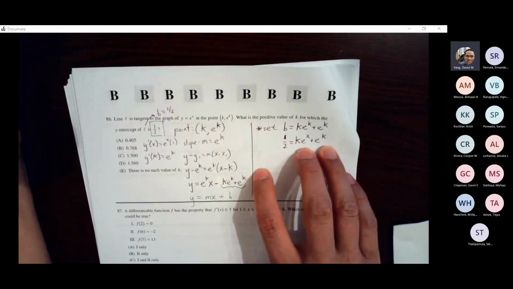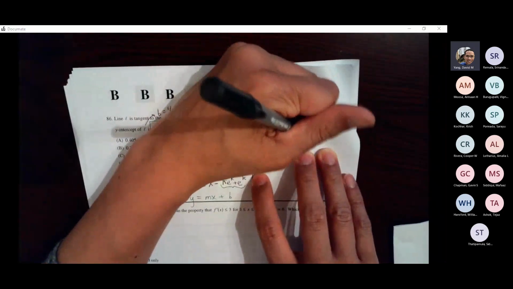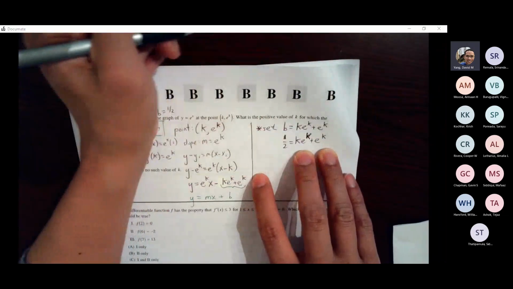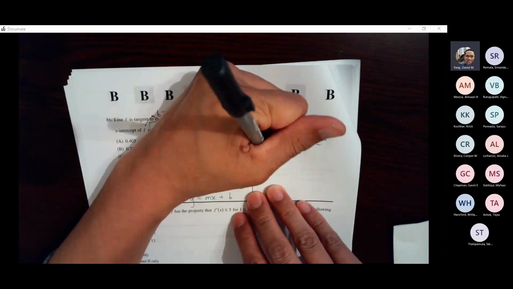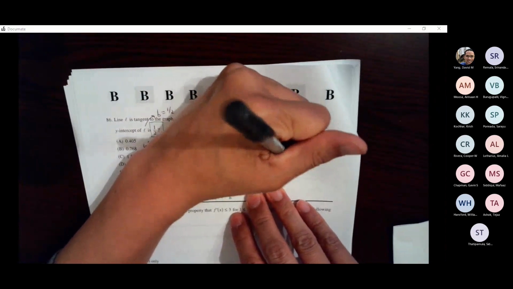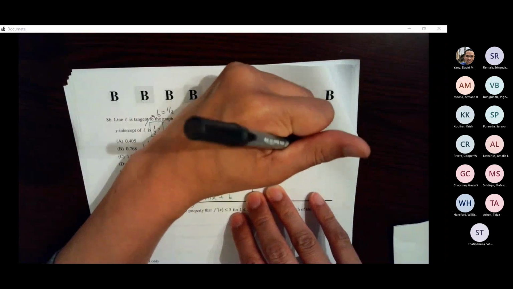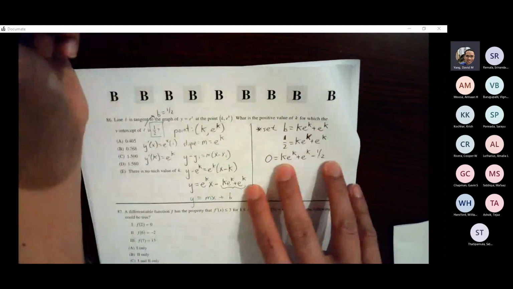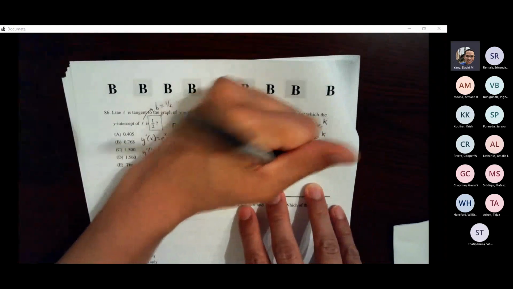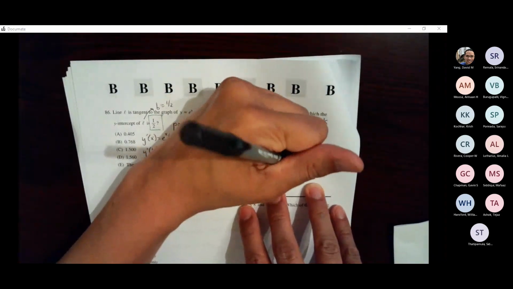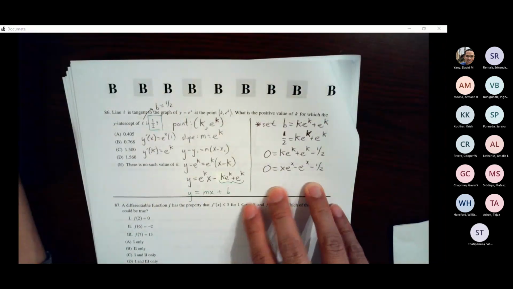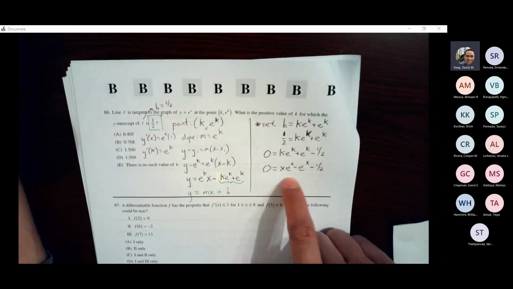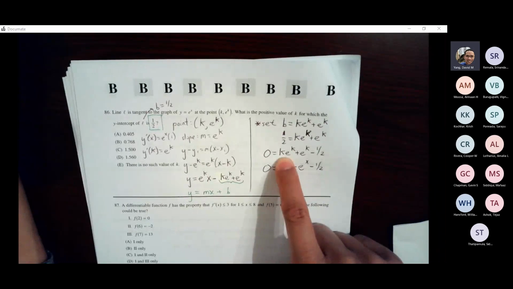And this is a pretty messy problem to solve, so why don't we just make the calculator do the work for us? Why don't we just bring everything over to one side and set it equal to 0? Now, we're not going to use k's in the calculator, we're going to use x's. Whatever that x-intercept is, that's going to be our k value.